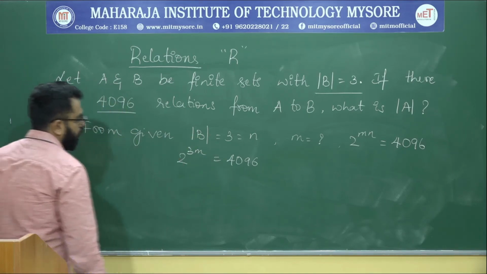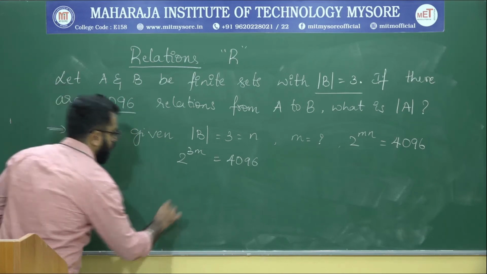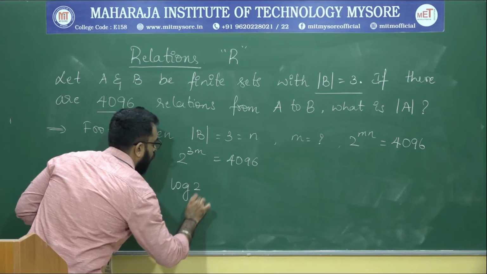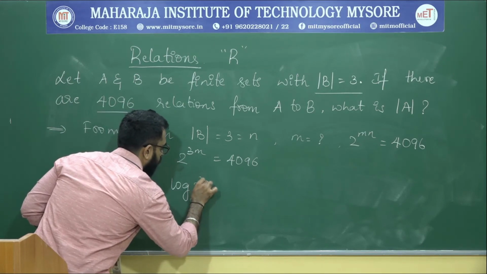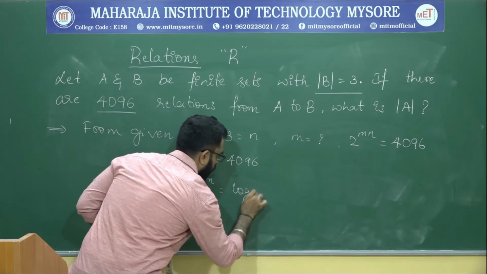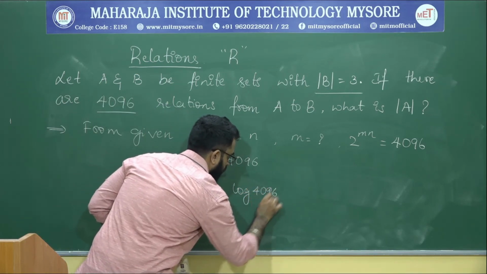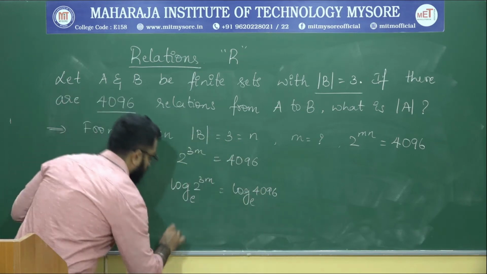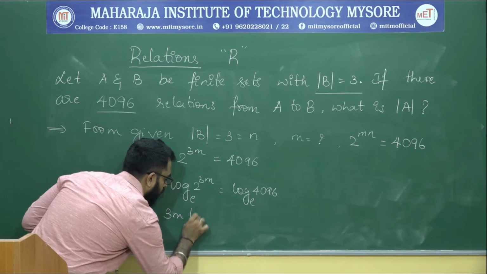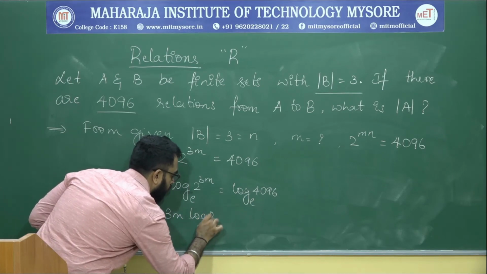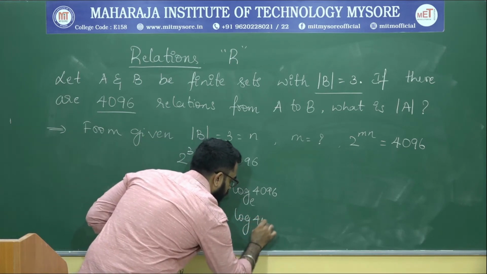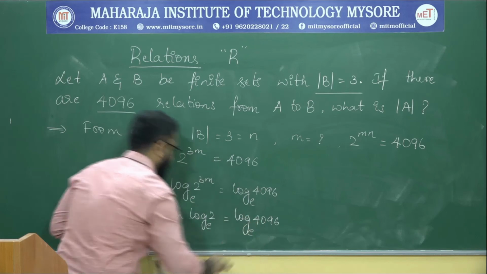Then to solve this, taking log on both sides, log to base e of 2 to the power of 3m is equal to log of 4096. Then simplifying this, 3m log 2 to the base e is equal to log of 4096 to the base e.